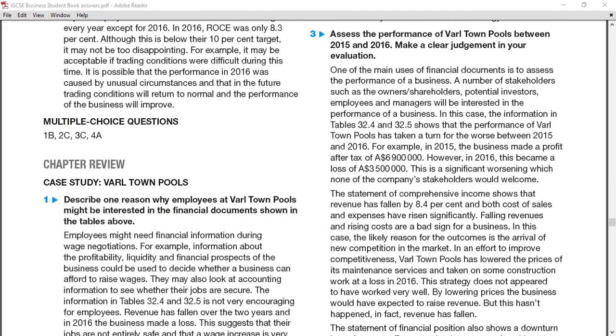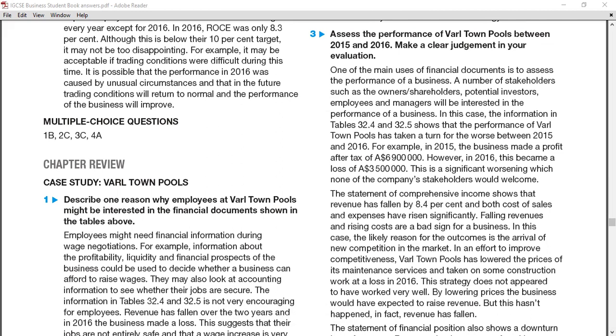One of the main uses of financial documents is to assess the performance of a business. A number of stakeholders, such as owners, shareholders, potential investors, employees, and managers, will be interested in the performance of a business. In this case, the information in Tables 32.4 and 32.5 shows that the performance of Varl Town Pools has taken a turn for the worse between 2015 and 2016.